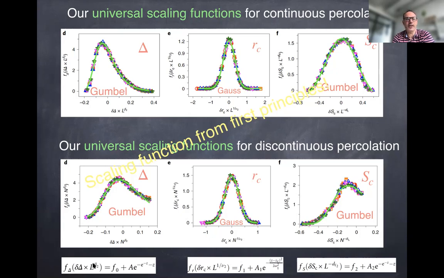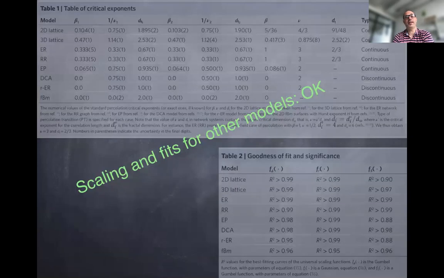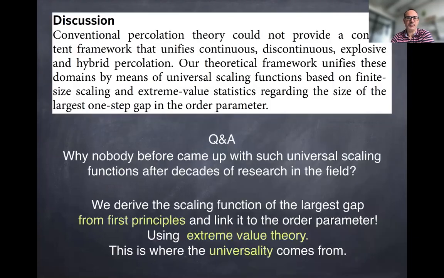These scaling functions follow from some first principle, but before I tell you what that is, the scaling and fits for other models are also fine. We have many models which are continuous and discontinuous, and we prove that this holds more or less in general.